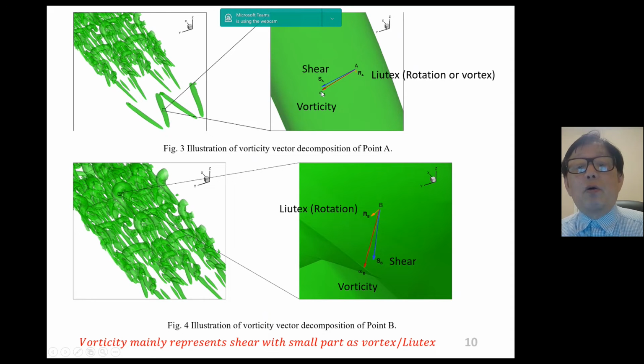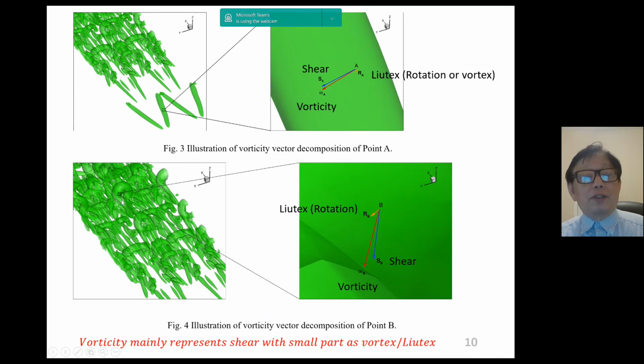Vorticity is omega. Vorticity and Liutex are totally different. The vorticity pretty much contains the shear, not the Liutex. Liutex is only a small part of the vorticity. Anyway, vorticity cannot be used to represent the rotation.